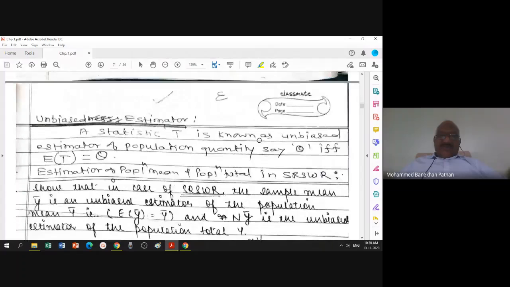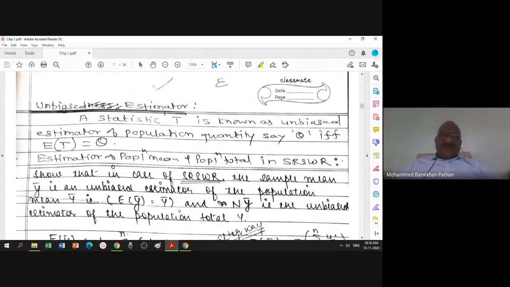What is the concept of estimate and unbiased estimate? In estimation, we try to calculate a population quantity with the help of a sample quantity. That function is called an estimator. We try to predict the population average by using the sample average.